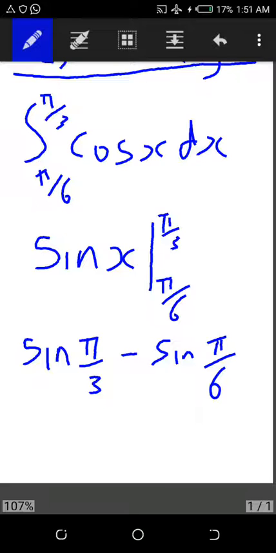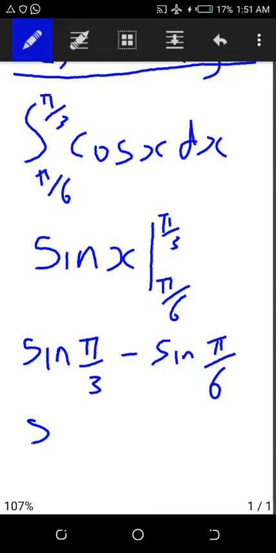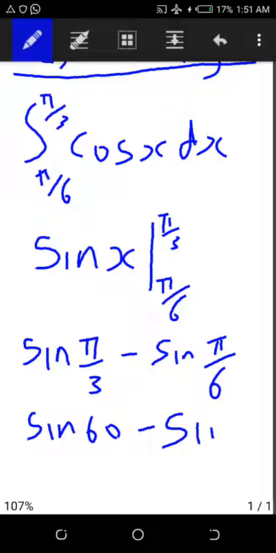So this sine pi over 3, that's 180 over 3, that will give us 60 degrees. So this will evaluate to give us sine 60 degrees minus, and then pi over 6, that's 180 over 6 will give us 30, minus sine 30 degrees. That is what they will evaluate to give us.